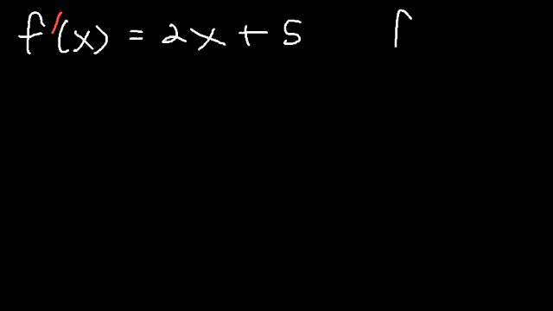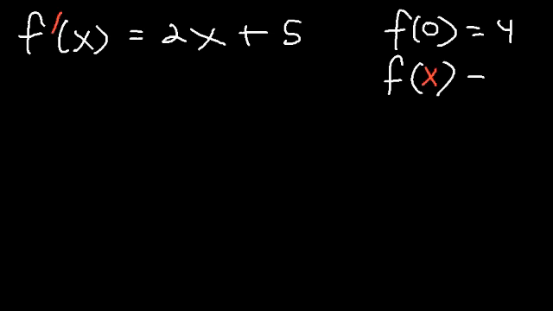Sometimes you might see problems known as initial condition problems. For example, let's say f prime of x is 2x plus 5 and f of 0 is equal to 4. With this information, you could find f of x. If you're given an initial value or point, you need to use that point to find the value of c.